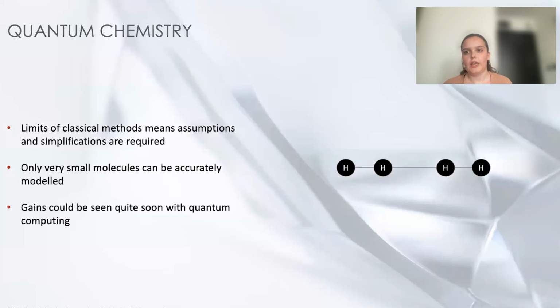So when I was looking at modeling hydrogen chains, for example, if you want to find the ground state energy of a hydrogen chain which has a specific number of hydrogen atoms in it, you'd only be able to get up to kind of 14 or 16 hydrogen atoms in one chain, where you'd be able to completely find a solution using classical methods.